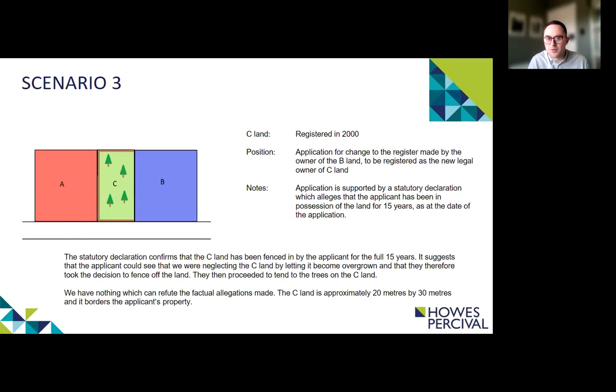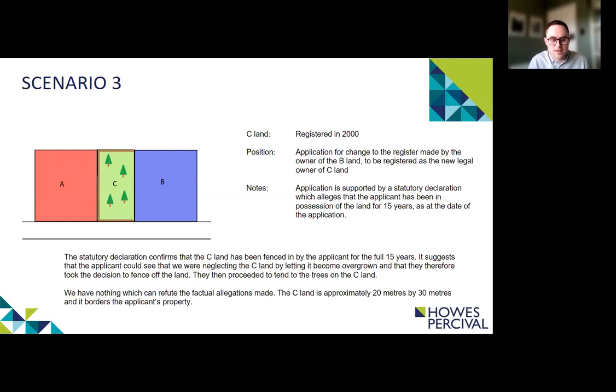So has there been a reasonable mistake as to the location of the boundary? Bit more difficult this time for the applicant, on the basis that the land is much bigger, so it's harder for them to say, well, actually, I just thought this was where the boundary was. You're looking at 20 metres by 30 metres, so that's unlikely that it's going to have been a mistake.